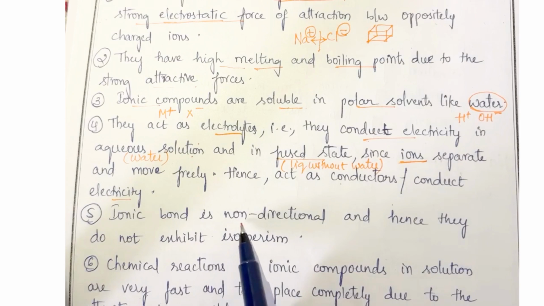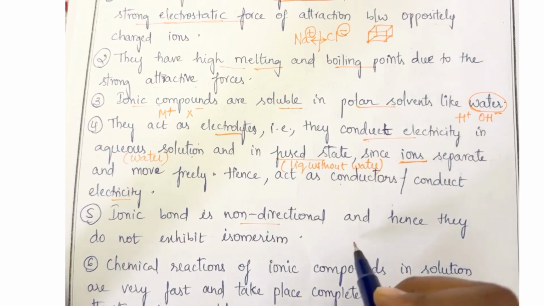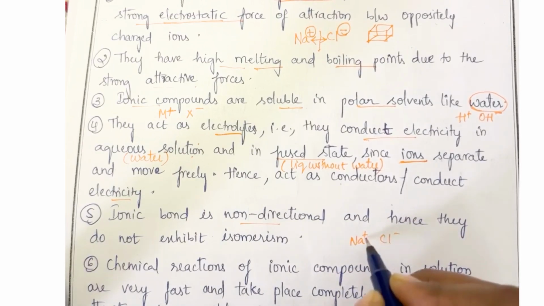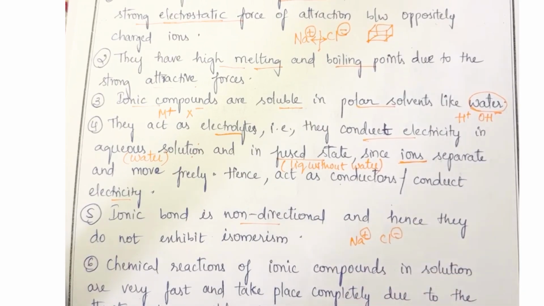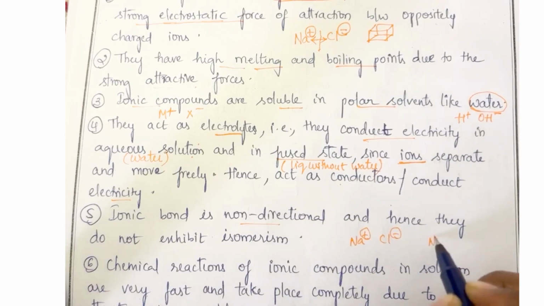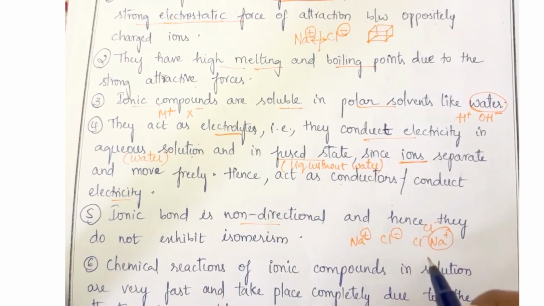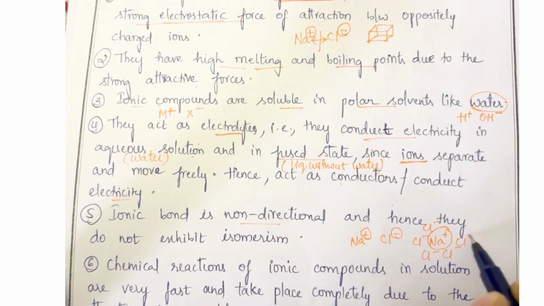And ionic bond is non-directional. What do you mean by non-directional nature? If you write sodium chloride as Na plus and Cl minus like this, the positive charge and negative charge are not satisfied. So instead, how do we represent it? Around the sodium ion, we write various chloride ions like this.